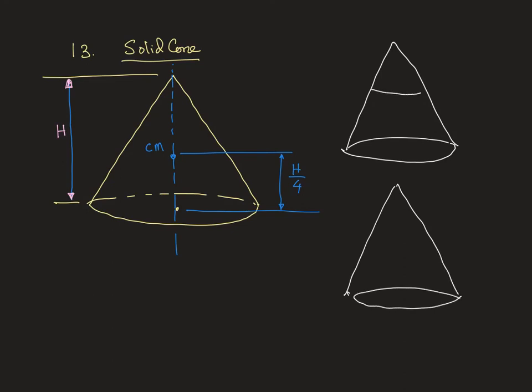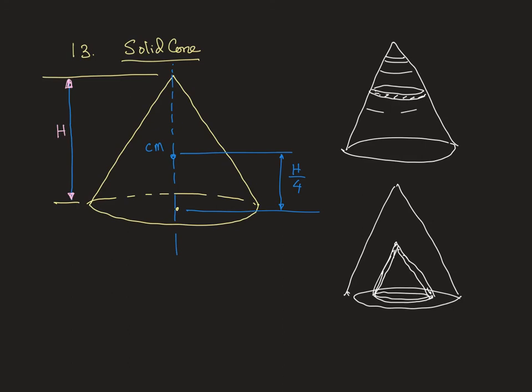One is divide this into discs, right? Like this, divide it into discs. And the other one is divide it into hollow cones. So that can also be done. Divide this solid cone into hollow cones.